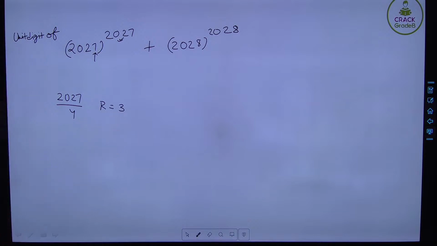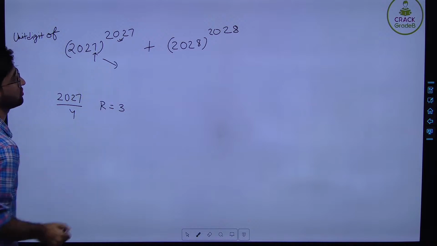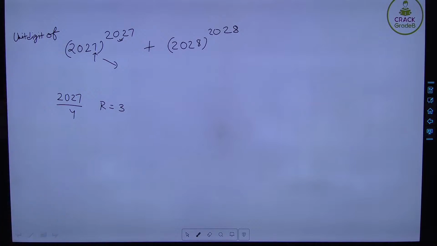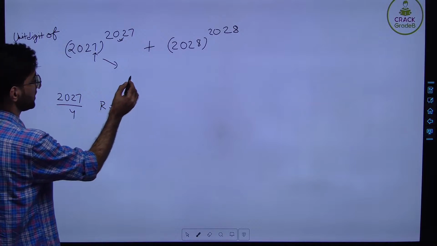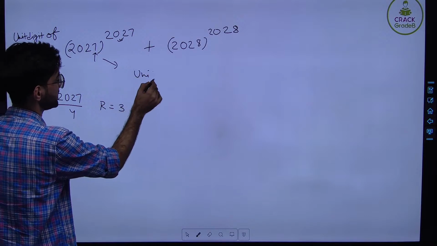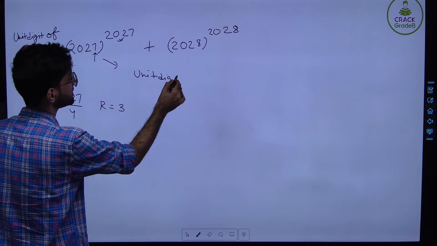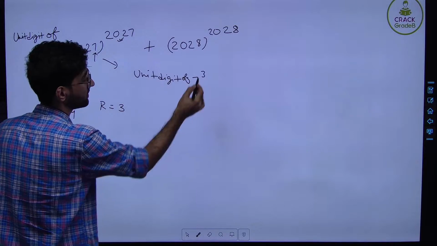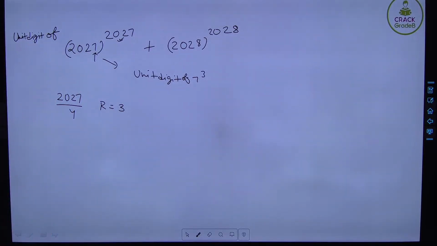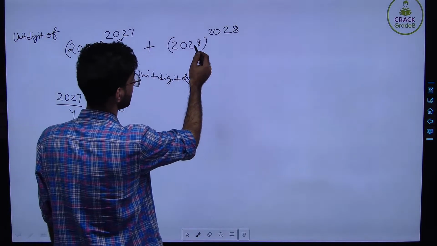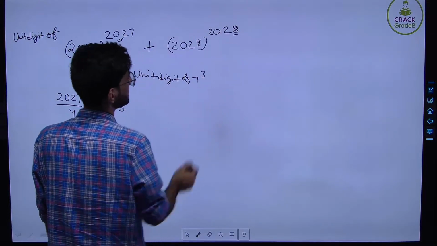And if the remainder is 3, means what? Means unit digit of 2027 to the power 2027 will be equal to unit digit of 7 to the power 3, right? Any doubt?